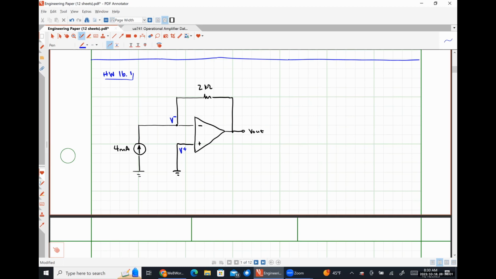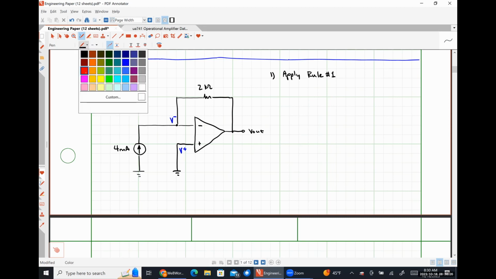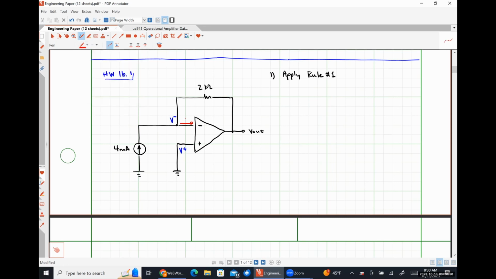I'm going to give you guys what I believe to be a fairly simple process for solving these circuits, okay? I want us to apply rule number 1. So that's step 1. So we are going to observe that these currents must be 0 amps, okay?